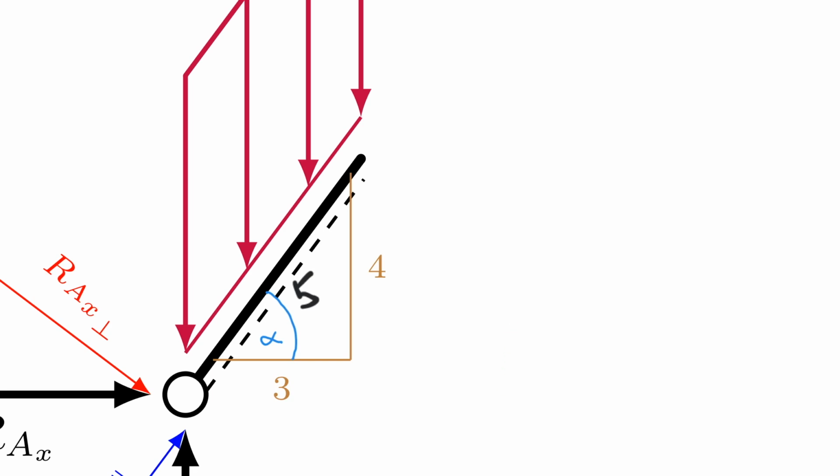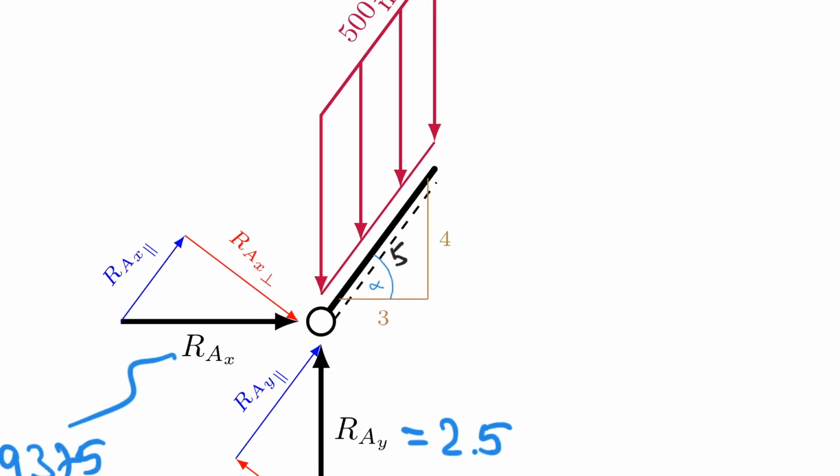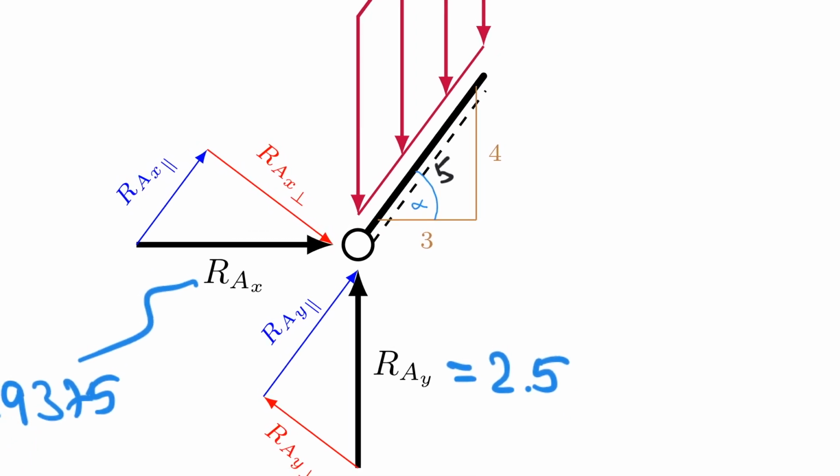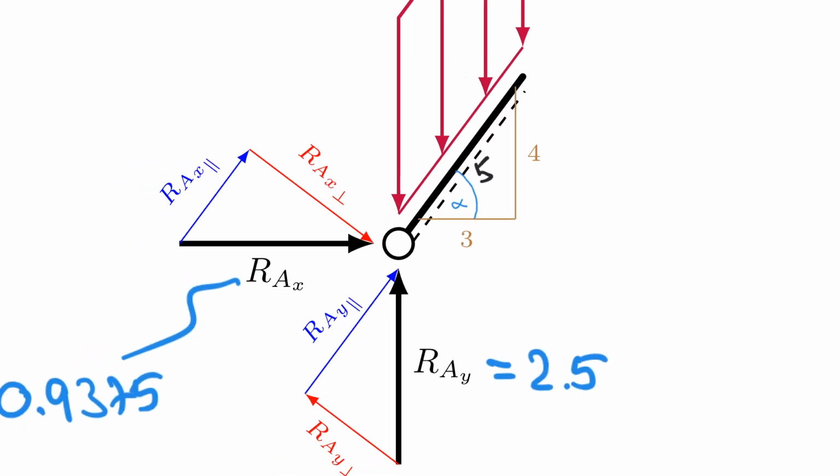So I now have to bring that into my other 2 triangles. And the easier one to see is probably the one for RAX. So let's look at RAX here. RAX is horizontal, and RAX parallel is parallel to the member. So that means that the alpha angle must be situated right here, right?